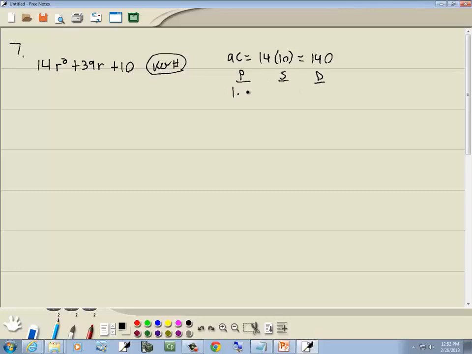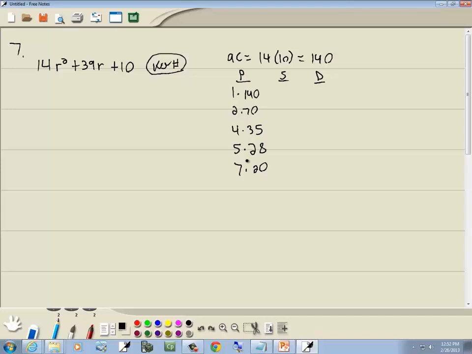Write down all products that give us 140. 1 times 140, 2 times 70, 3, no, 4 times something. 4 times 35. 5 times something, 28. 6, no. 7 times 20.